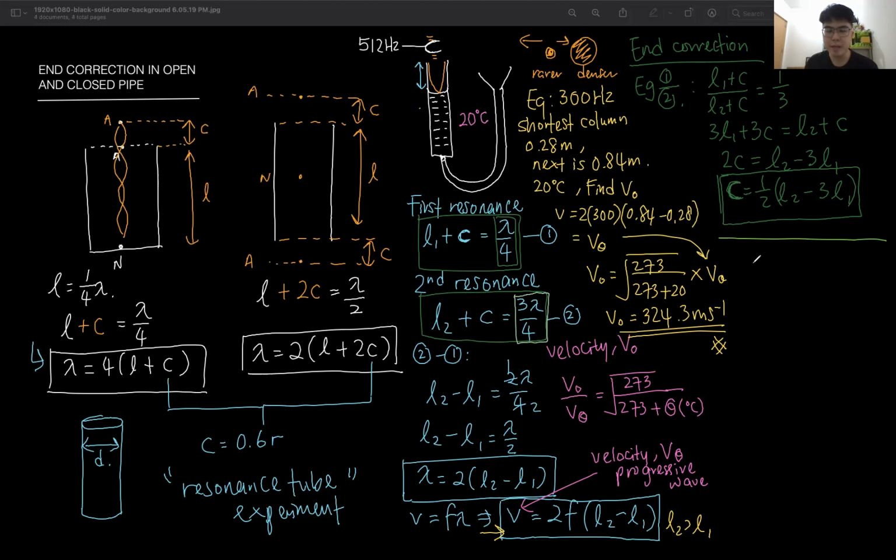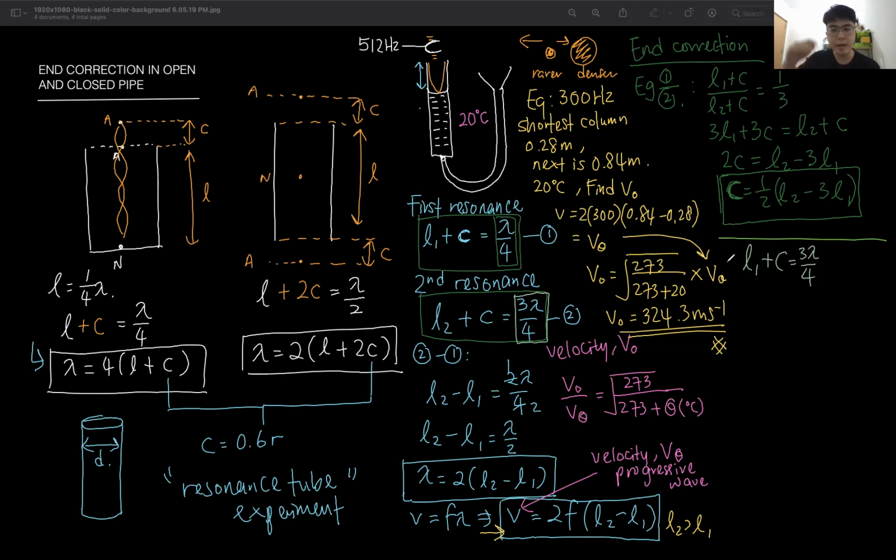I would call my length L1, so L1 plus C equals 3 lambda over 4, because that's the first sound I hear. Let's just say the first sound that I hear is the resonance of the second harmonic. Stick with me, later I'll give you some examples. So L1 plus C equals 3 lambda over 4.